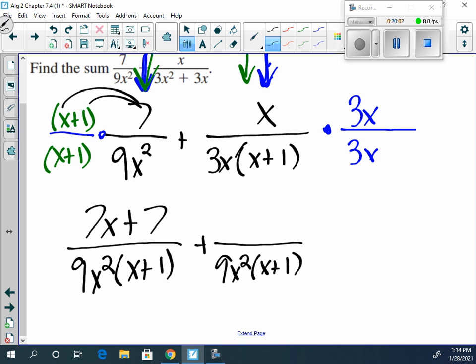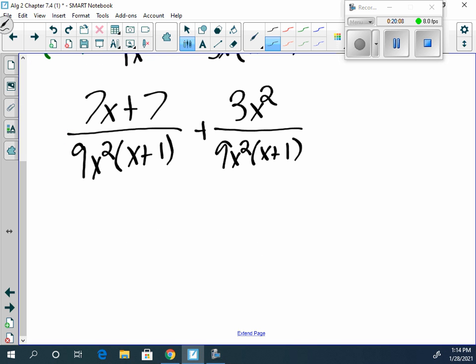Now on the other side, we're going to have 3x times x, which would be 3x squared. Now the denominator is the same. Yes, so that means we can add the numerators. And according to number theory, 3x squared would go first.